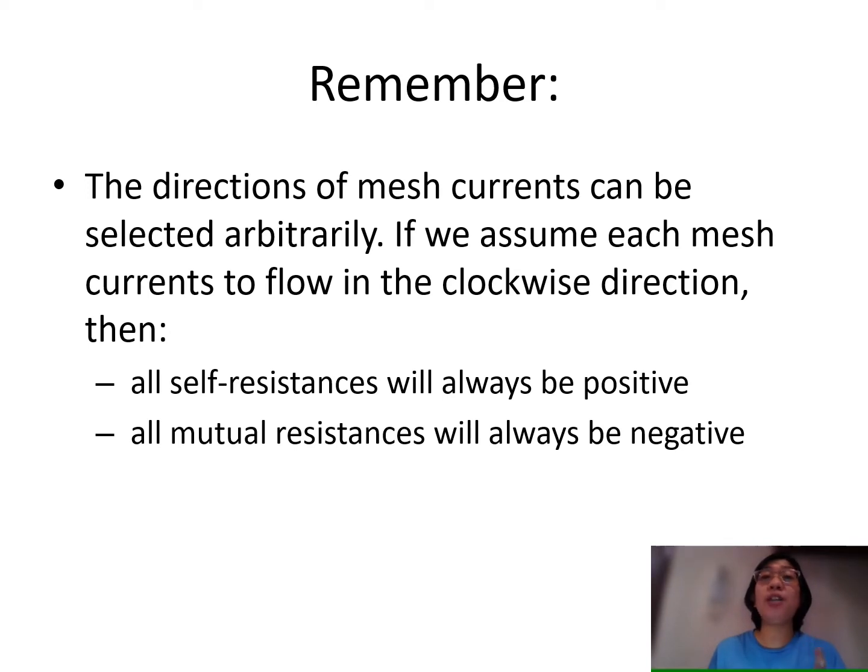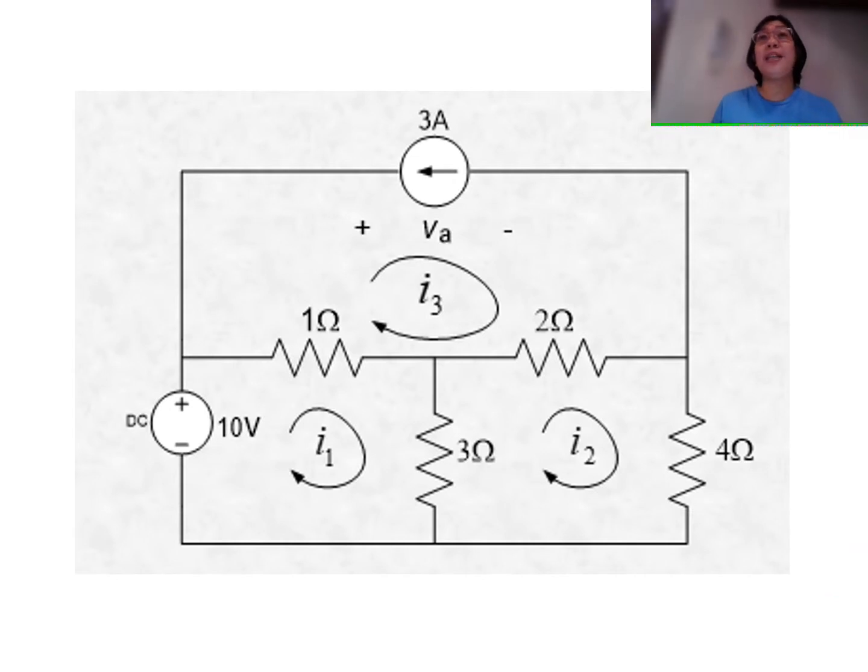Once your mesh equations are correct, that will guarantee you a higher chance of getting the correct answers, because you still have to do your math. But here, what I'm going to teach you is to write your mesh equations. So here is our first example.